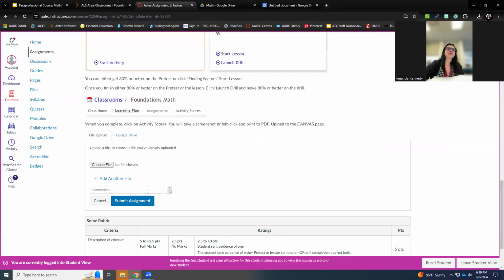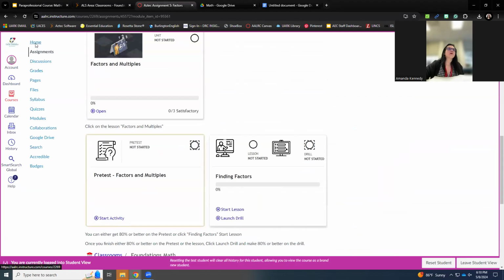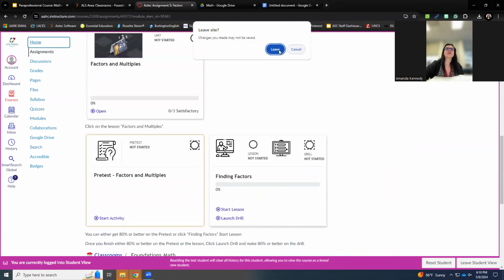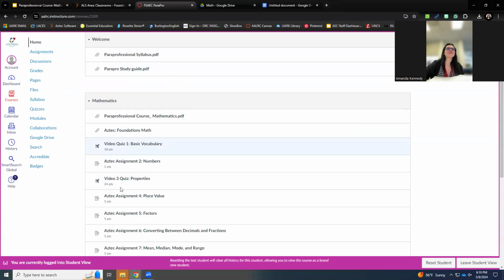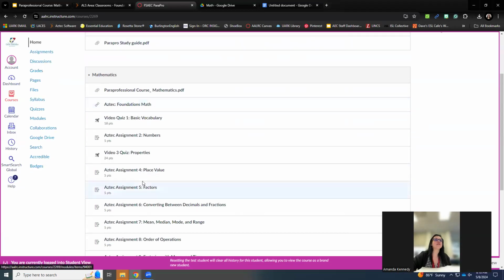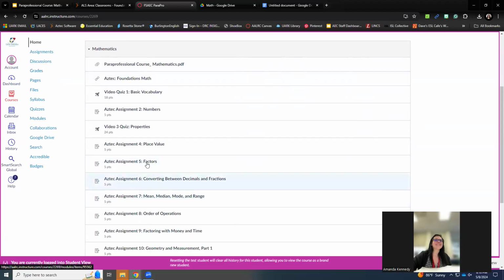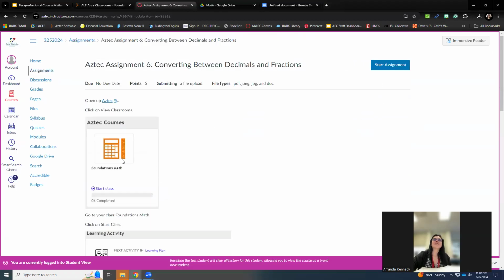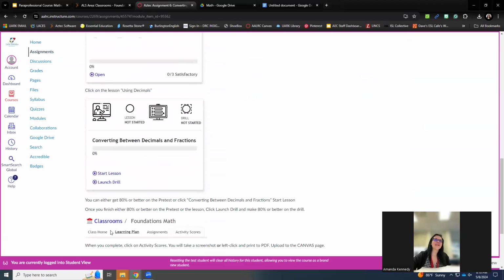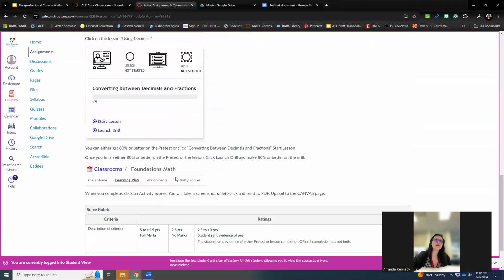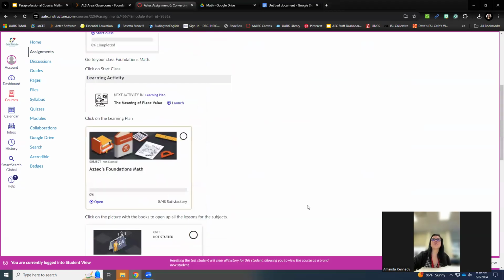And don't forget to go to our, I'm still in student mode for you guys. Don't forget when you go into our Canvas page, we're on lesson 6 now. Here are the directions right here. It shows you the pictures. Make sure that you share your scores, your screenshot with me.